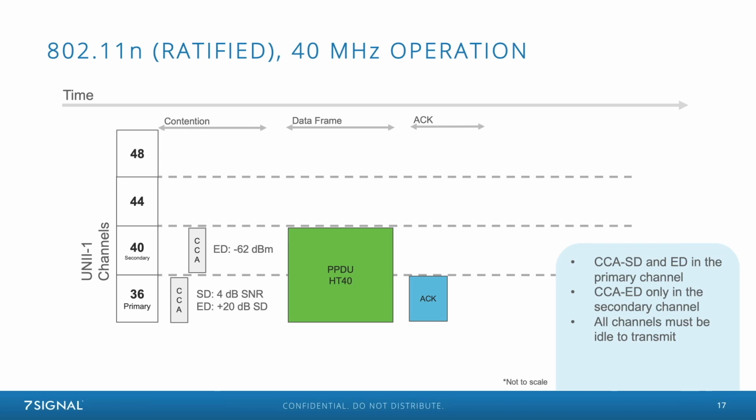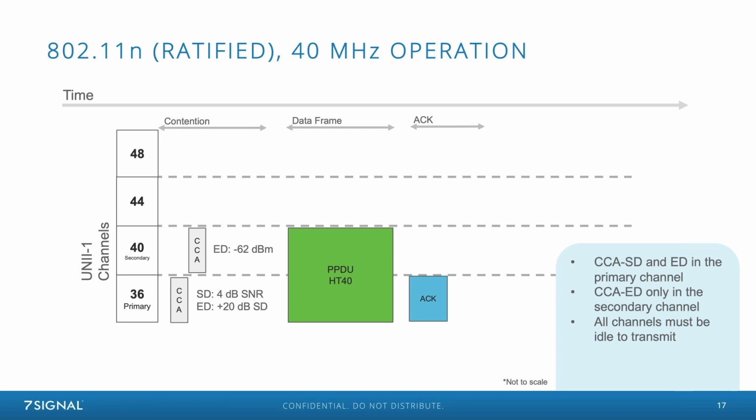In 2.4 gigahertz, if we're operating at 40 megahertz wide with 802.11n, we don't have enough space for another AP to operate that's not going to overlap with the first AP. And the second problem, we understand the spectrum limitation, but the second problem is our CCA in the secondary channel is so insensitive that the 40 megahertz wide AP is probably just going to step all over the other one.